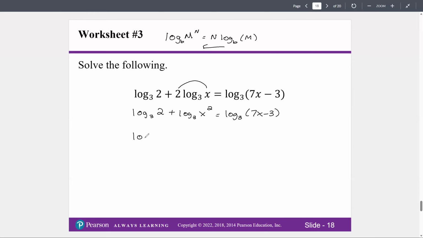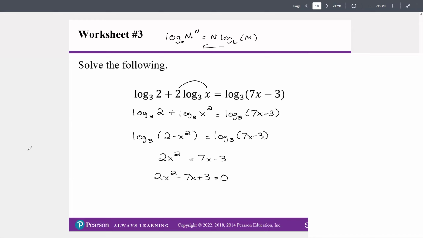Now we can do log base 3 of 2 times x squared equals log base 3 of 7x minus 3. So we have 2x squared equals 7x minus 3, or 2x squared minus 7x plus 3 equals 0. So let me make myself a little more space over here.